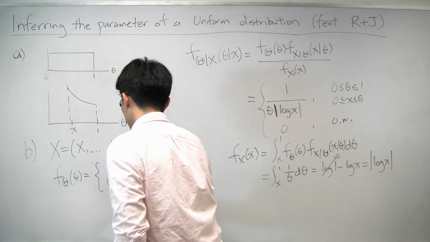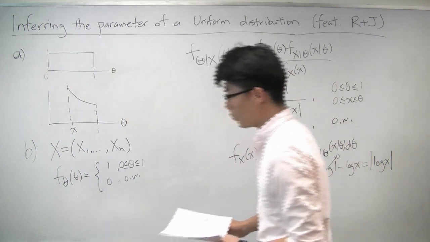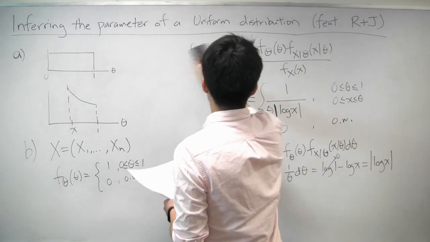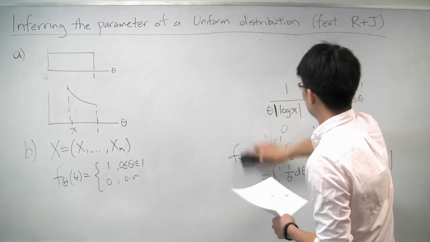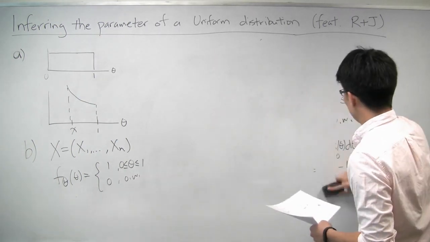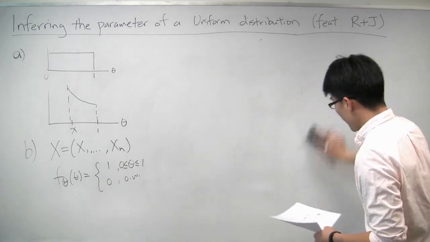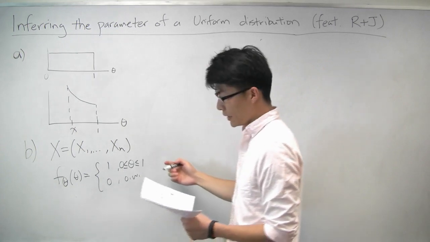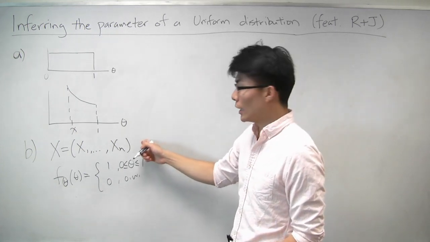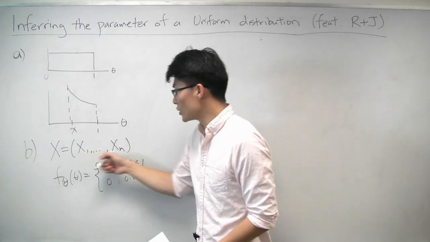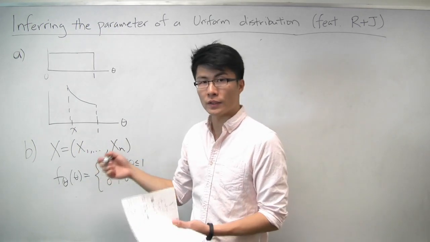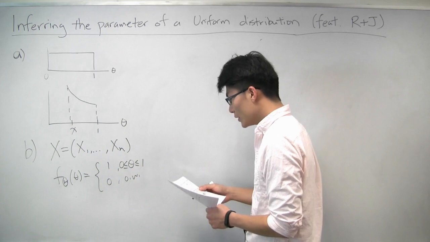The prior is still uniform between 0 and 1. The way the actual delays are generated, we still assume to be the same. Conditional on theta, each one of these is conditionally independent, and each one is uniformly distributed between 0 and theta.